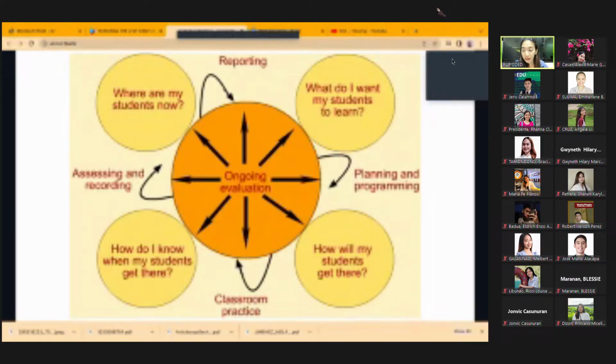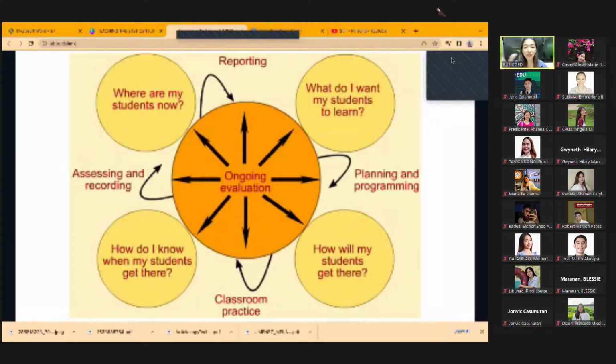Part again ng teaching practice that we have to evaluate continuously yung ating own instruction, and hindi lang siya nagtatapos sa kapag nakapag-test na yung mga estudyante. Okay, but this is basically the aspects or some components.